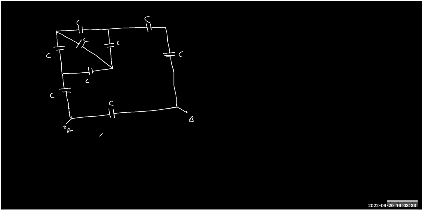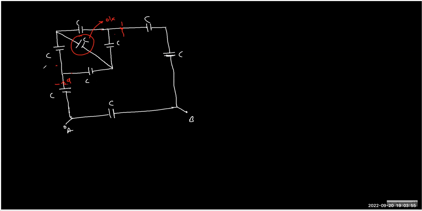So which capacitor can we throw out? The diagonal one, yes. Whatever is entering here will have the same ratio. So if I cut from here, because this is a perfectly separate branch, we can solve this separately. Understood?